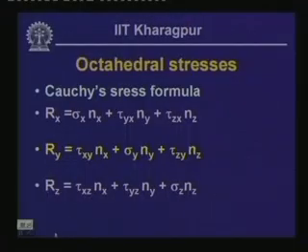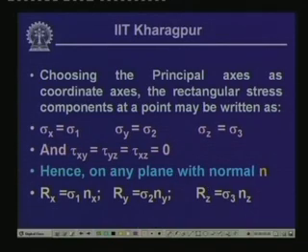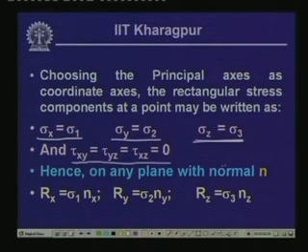So, if we take those components as sigma x equals sigma 1, sigma y is sigma 2 and sigma z is sigma 3, and the shearing stress components on this are 0, because those are the principal planes.